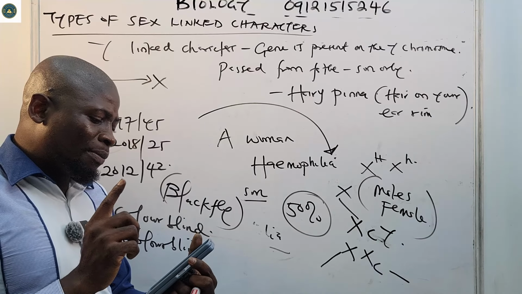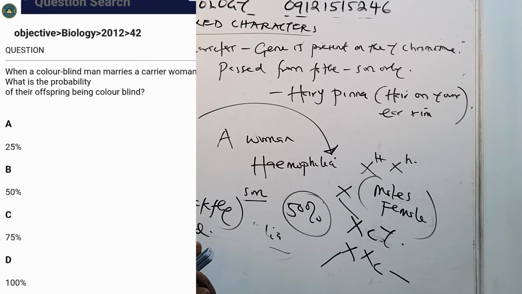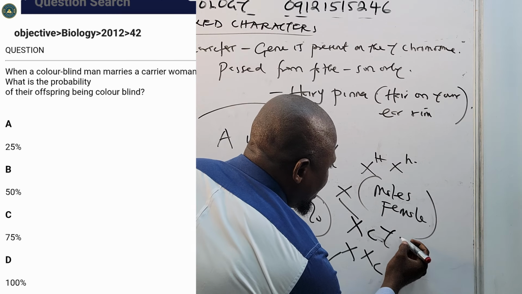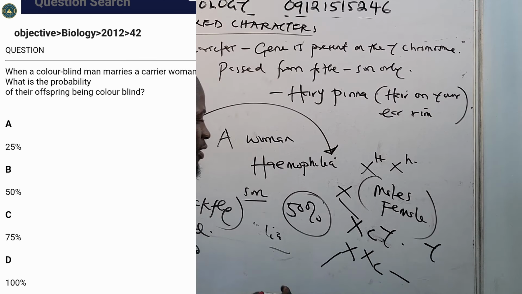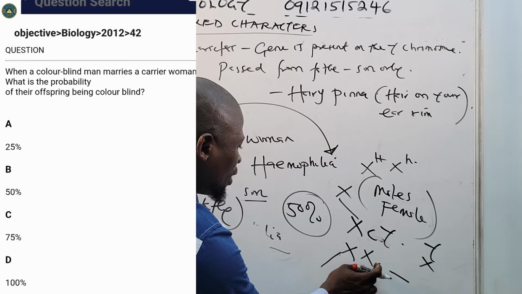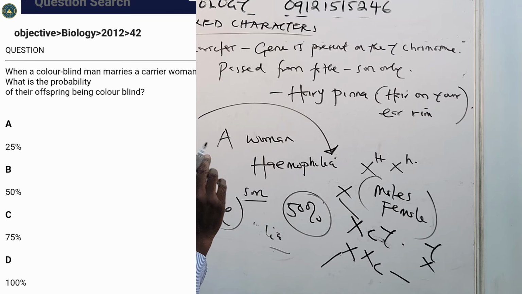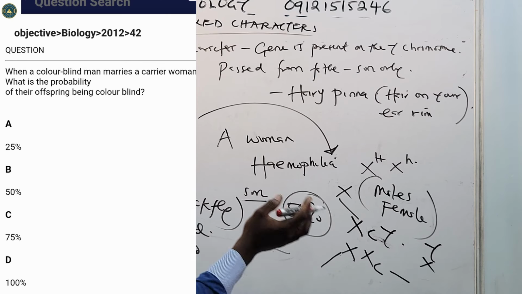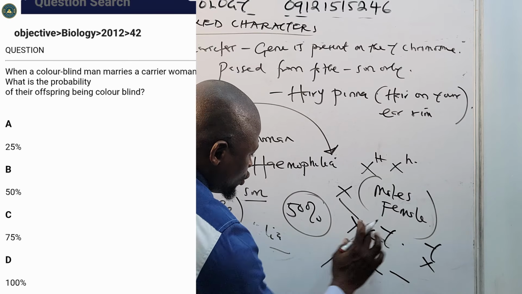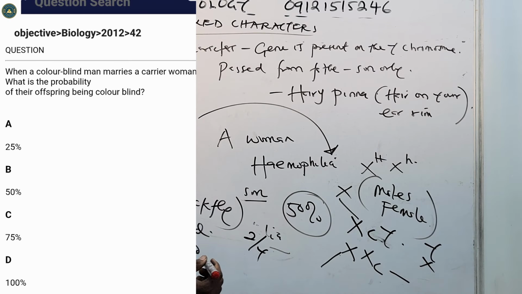They say, what's the probability of their offspring being colorblind? It's possible that this man will give Y and not this X. It's also possible that this woman will give X to the offspring and not this one. So there are 4 possibilities. Half, 2/4, of the time the child will not have it.